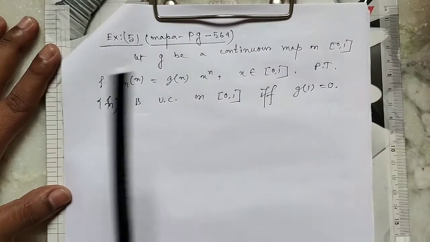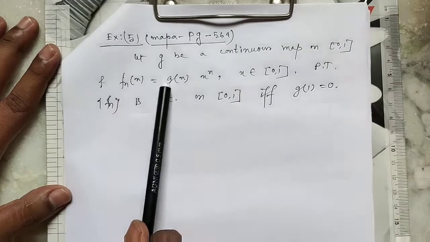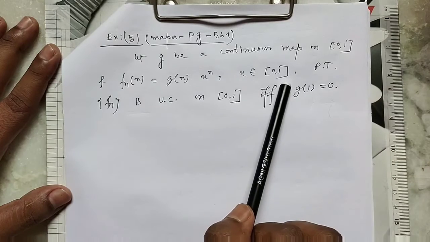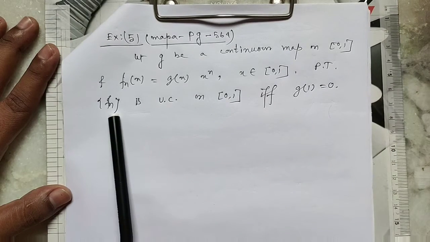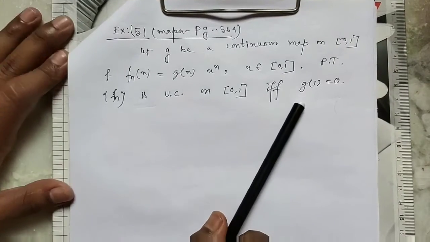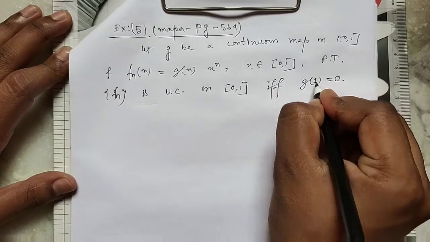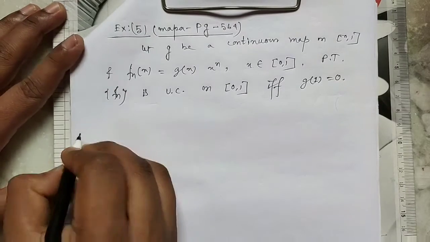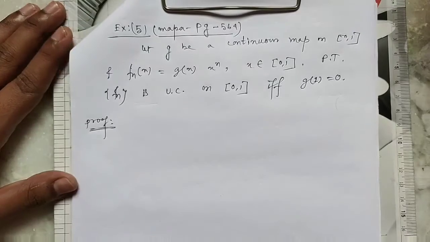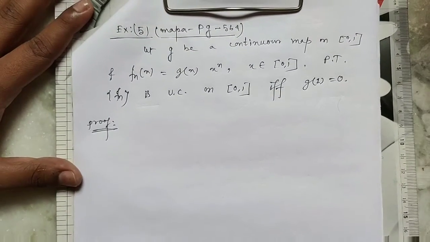Let g be a continuous map on [0,1] and fn(x) equal to g(x) times x to the power n for x belonging to [0,1]. Prove that the sequence of functions is uniformly convergent on [0,1] if and only if g(1) equals 0. Okay, let's discuss the proof.